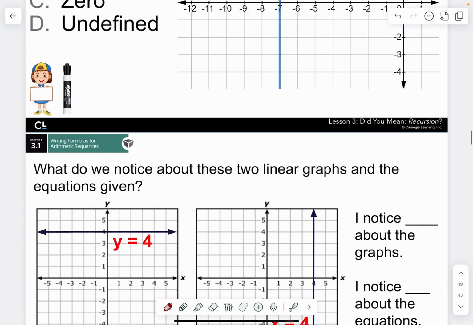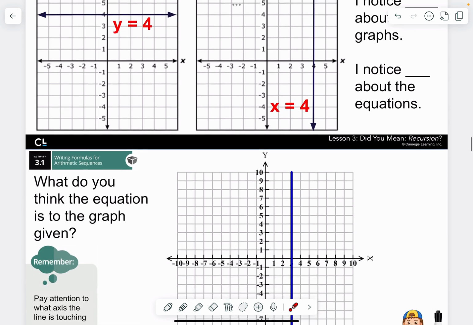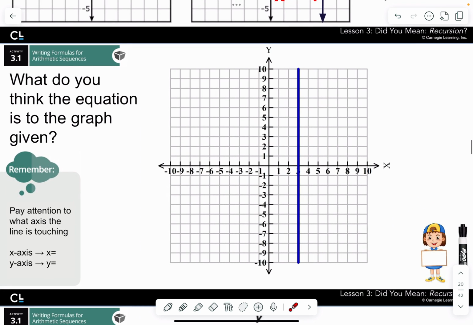So we're going to get to some more questions. The real big thing about this is when you have a line that's going left and right like this, you're touching the y-axis, so your equation is going to be y equals. The one that's going up and down like this, you're touching the x-axis, so it's going to be x equals. So for this one, my line is touching the x-axis at 3, so x equals 3.